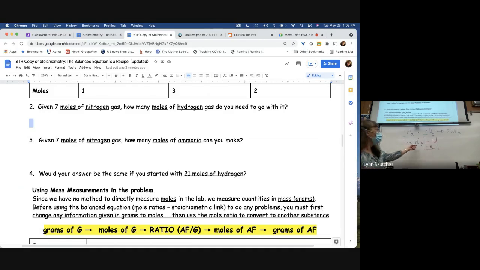Every 1 nitrogen makes 2 ammonia. So if you have 7, you're going to make 14, if you had 100% efficiency, which you never do. Okay, so we're just picking out these numbers and using them as necessary.